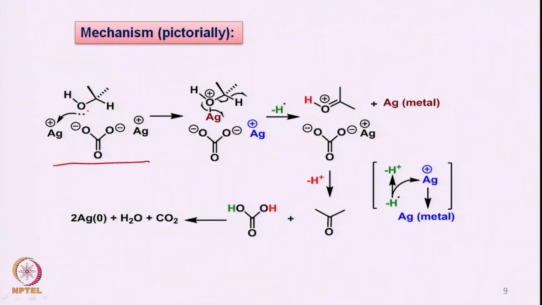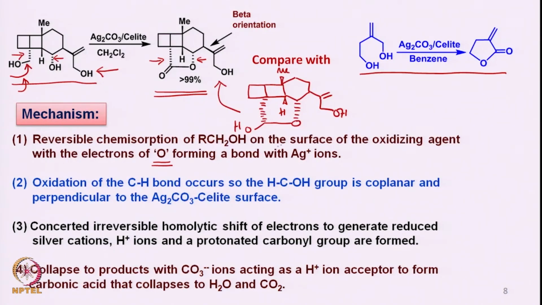We have the oxygen of the alcohol, which forms a bond with the silver in this fashion. So there is a chemisorption of RCH2OH on the surface of the oxidizing agent, with the electrons of O forming a bond with the silver ion.